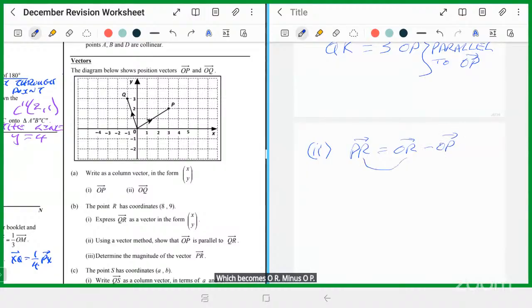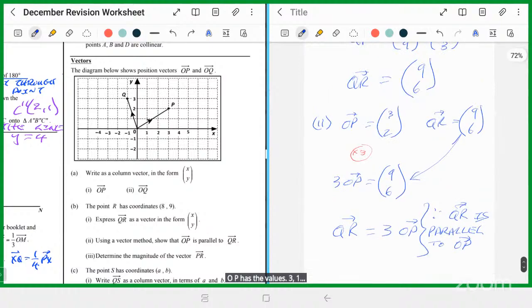That's O times the last minus O times the first. Which becomes, OR has these values 8, 9, minus OP, and OP has the values 3, 2, right?